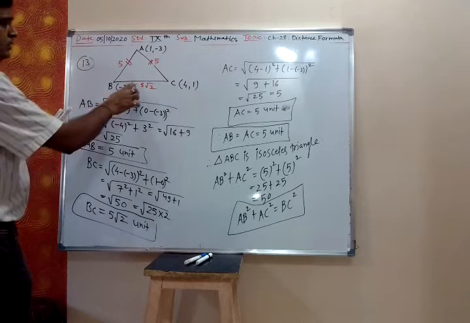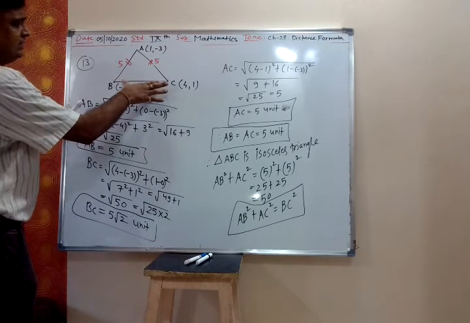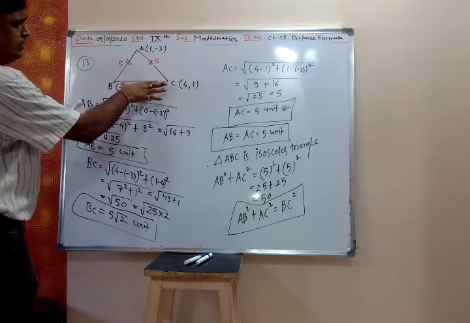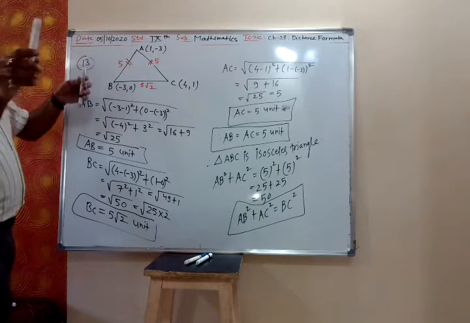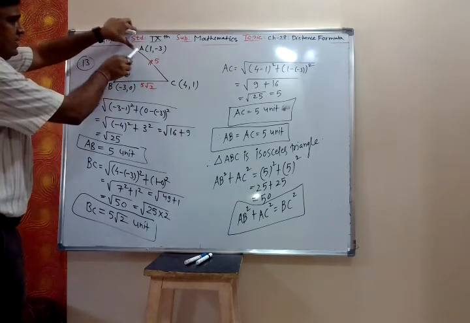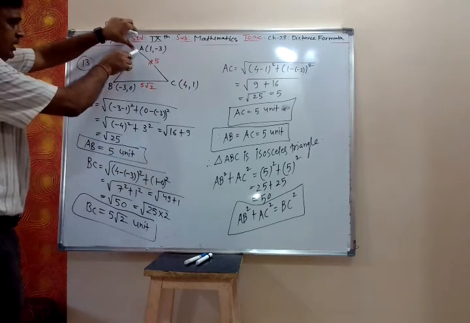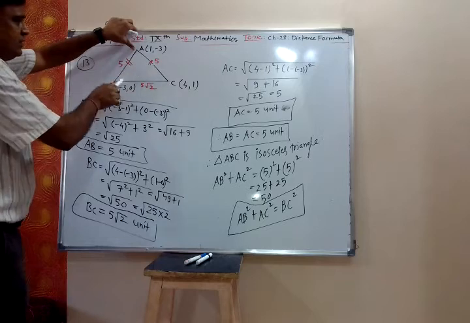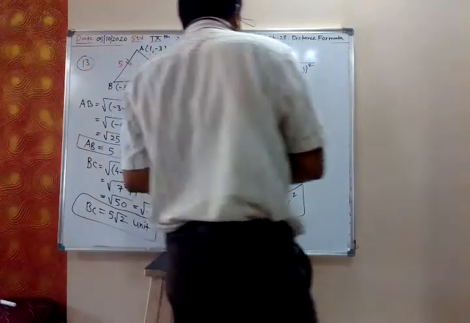That means BC is my hypotenuse. Are you getting it? Because the Pythagoras theorem is verified: AB square plus AC square is equal to BC square.